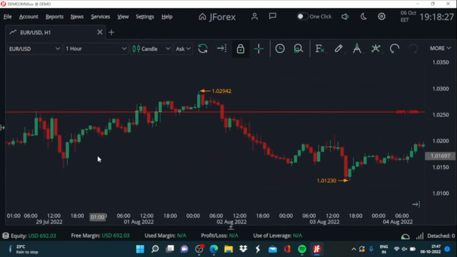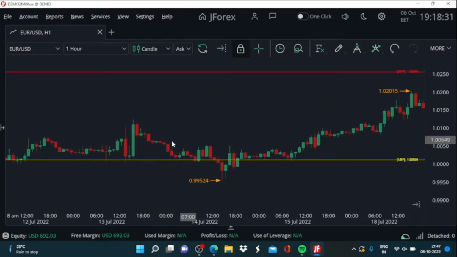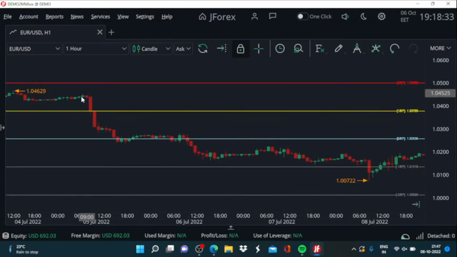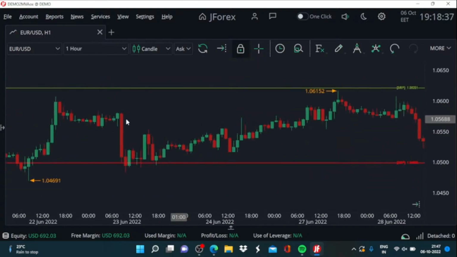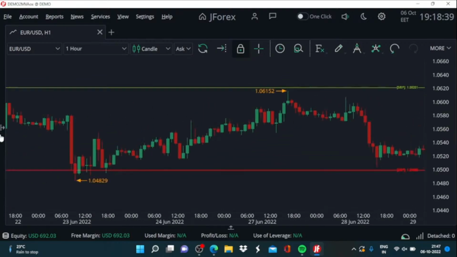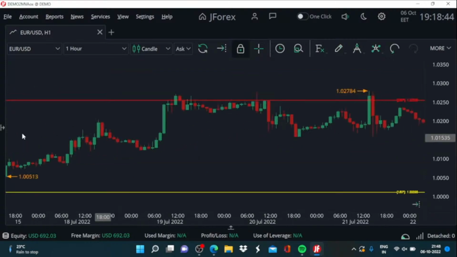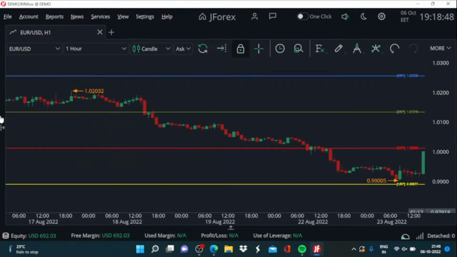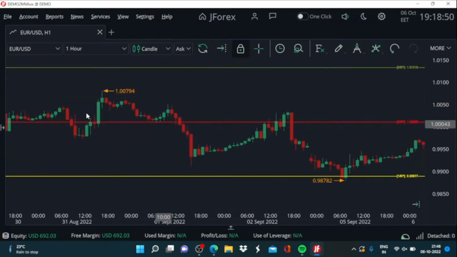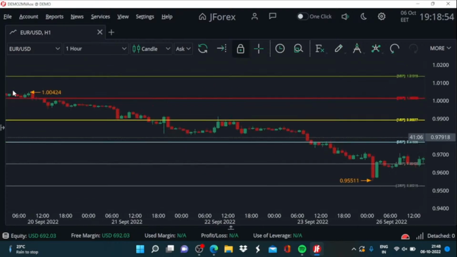I think in the near term we are not really going to find those kinds of scenarios, as Euro USD has been bearish for quite a while now, so we will have to go back quite a lot in time. Instead of that, I will just change the calculation period, the candle period for this indicator, and let's see how it works on the lower time frames.